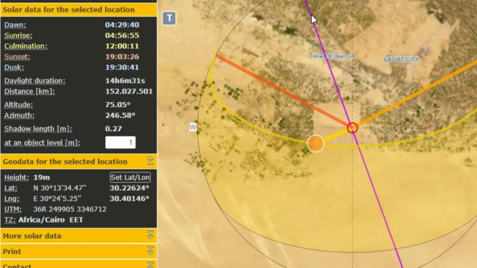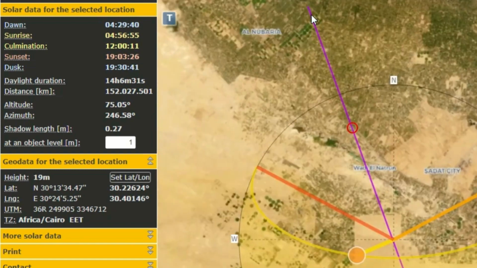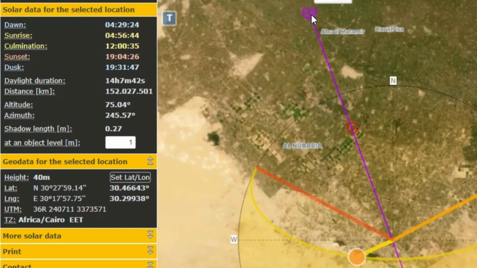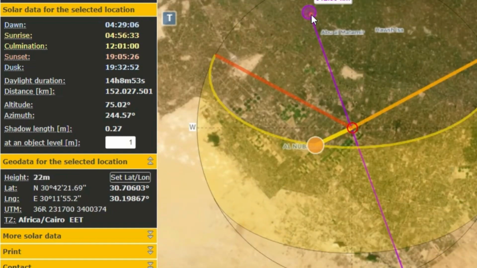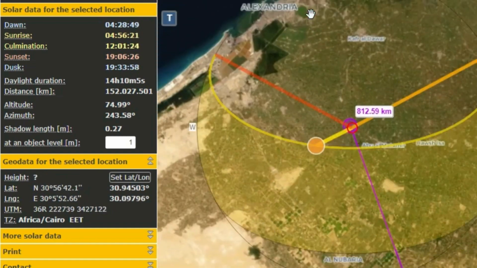So from 400 meters to 19 meters. 40 meters again. It goes up and down. How did those sheep herders measure this? I call it bullshit.